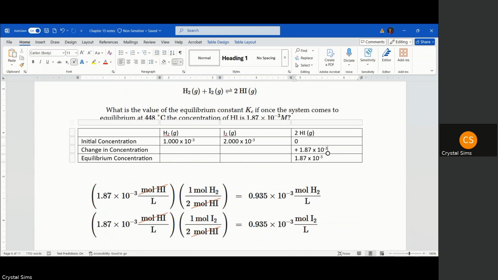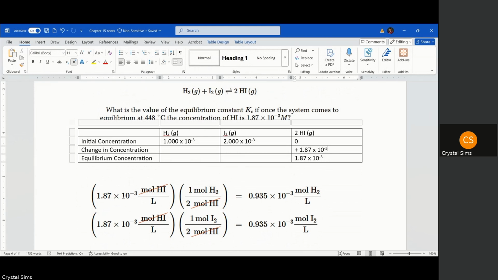So I'm going to take my concentration here of the HI and look at the change in the concentration of HI and relate that to the changes in the hydrogen and the iodine. And this is where, again, that balanced equation is so important.